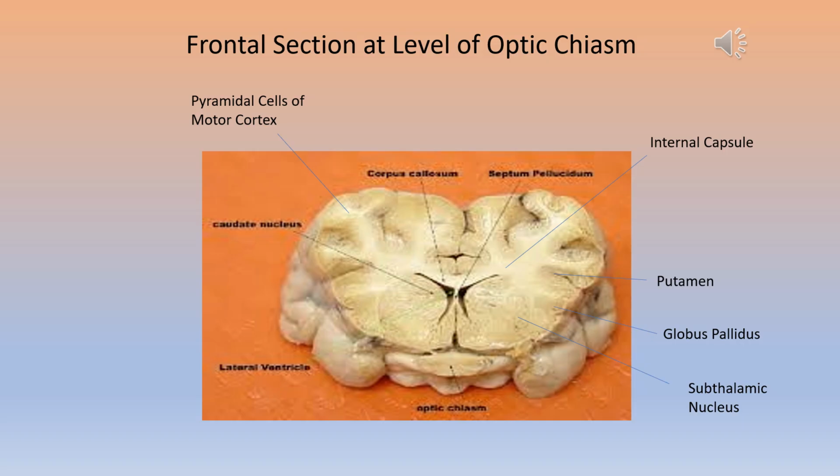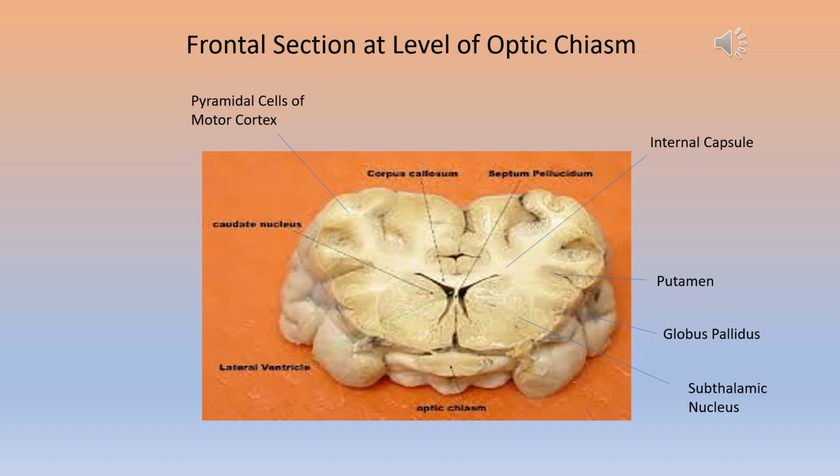Okay, the optic chiasm is also labeled there. The other labels I put in myself. So notice that we have gray matter, that's colored kind of beige or brown, and we have white matter. The white matter is white because myelin is white. So notice that the white matter originates way out in the cortex.